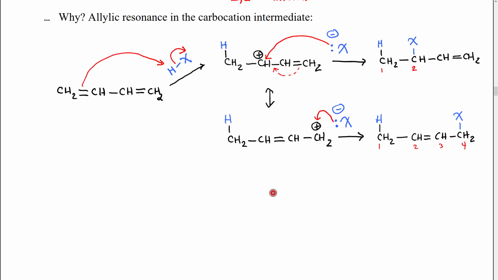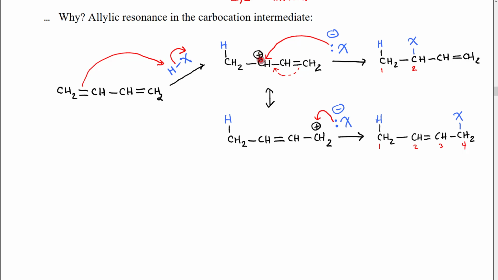Well, again, this is caused by allylic resonance of the carbocation intermediate. So if we imagine that we start with our butadiene and the pair of electrons from the double bond between carbon 1 and 2 comes out and makes a bond to the hydrogen, pushes out the halide, and forms this carbocation.